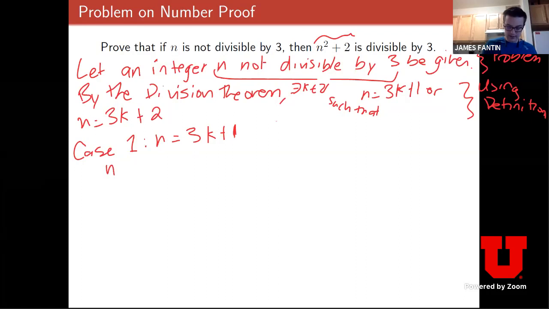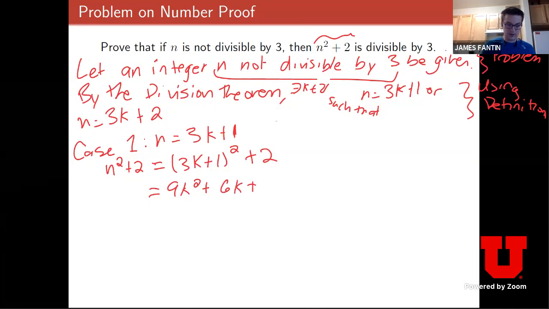So n squared plus 2 is equal to, we just substitute in 3k plus 1 for n, (3k plus 1) squared plus 2. And that's 9k squared plus 6k plus 3.